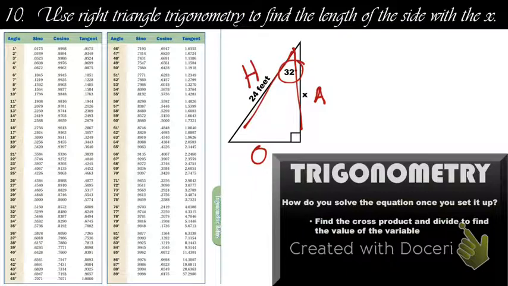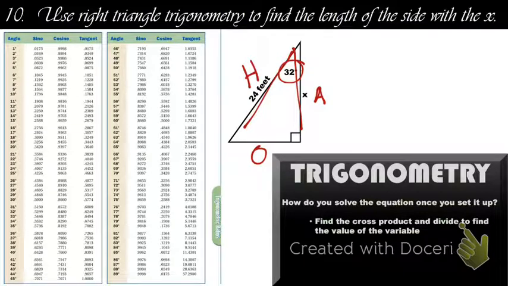So in this problem, we are looking for the adjacent, and we know the hypotenuse. And so if we think of SOHCAHTOA, the adjacent and the hypotenuse is going to be cosine.